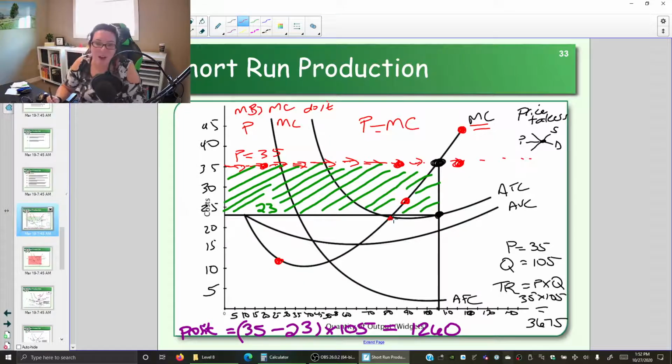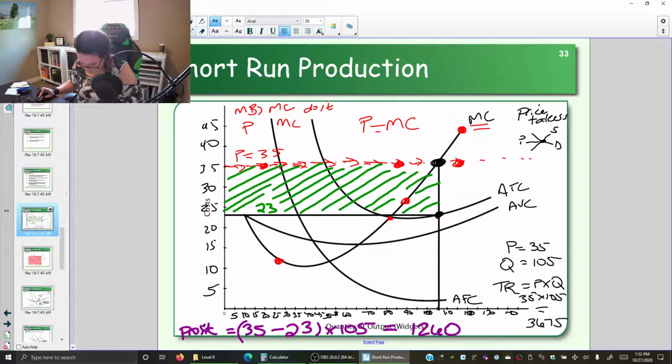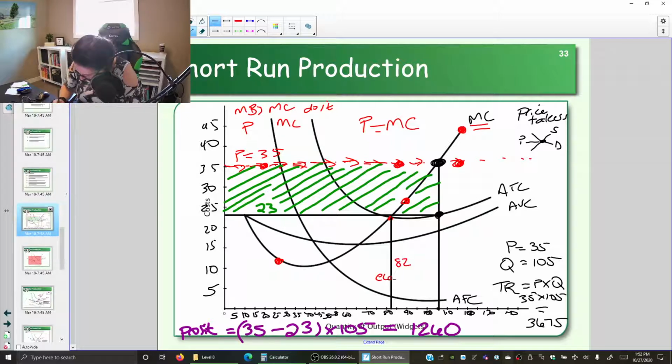Okay, and economic capacity is a quantity. So I'm just going to draw a line down so we can figure out what that quantity is. All right, so we're looking at about 82 here is our economic capacity. So this is the quantity where this business would be the most efficient.